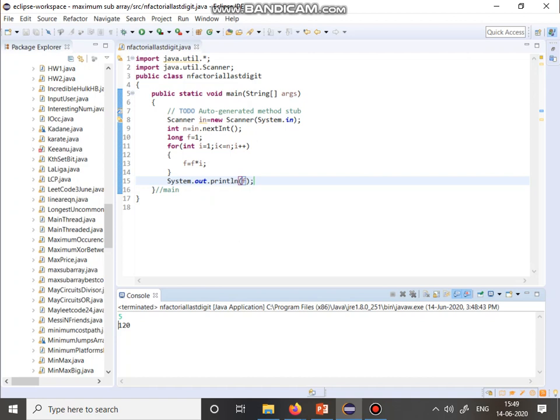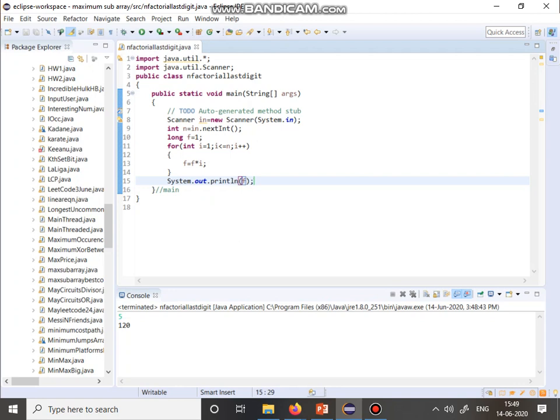So any number greater than 5 will always produce a factorial having 0 at the end. So we do not need to calculate that, we can simply print 0 for any number greater than 5, but for numbers less than 5 we need to calculate and print the factorial modulo 10, or f modulo 10.